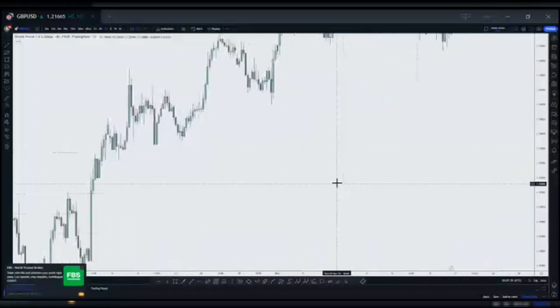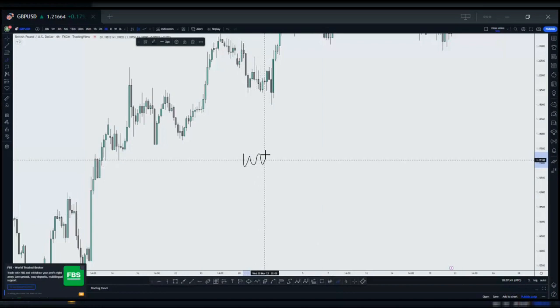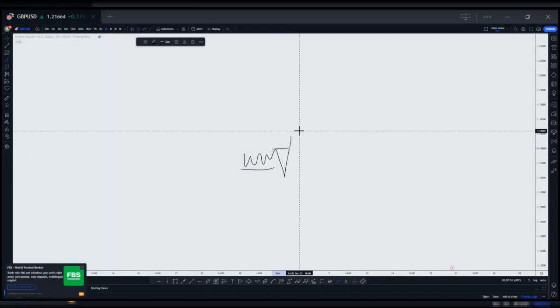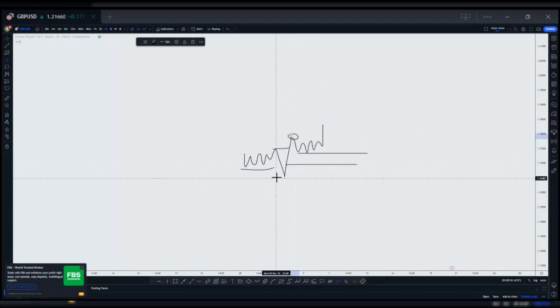Number one, the first reaction is price getting into your POI, causing the manipulation, clearing out the liquidity, and then we see price breaking structure to the upside, giving us a change of character, right?